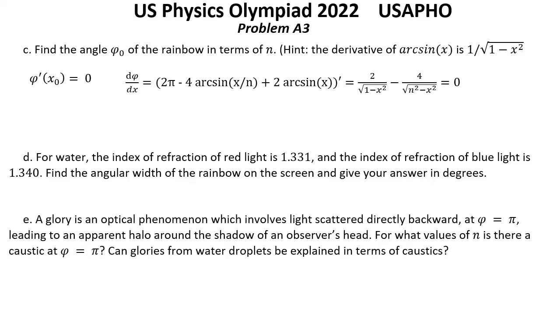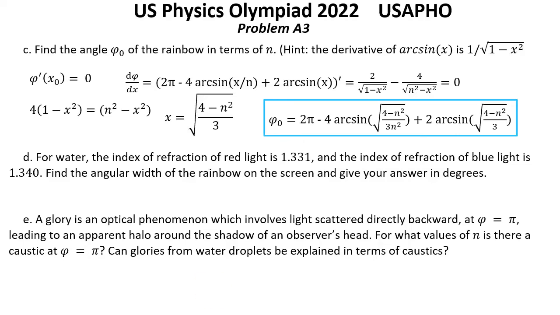From here we have an equation which gives us 4 multiplied by (1 minus x²) equals n² minus x². From here we have x equals the square root of (4 minus n²) over 3. And finally we can put this x into our expression for φ, and the result will be φ0 equal to this expression. That was the solution for question C.